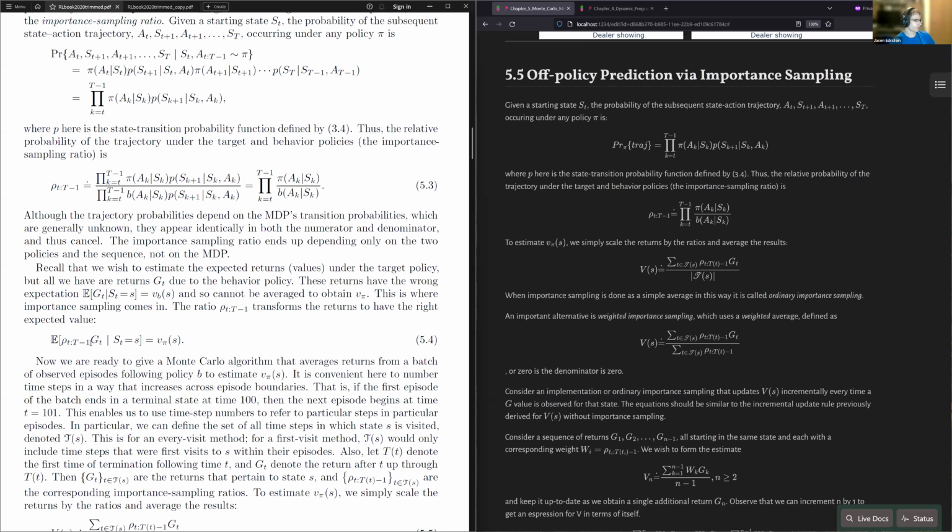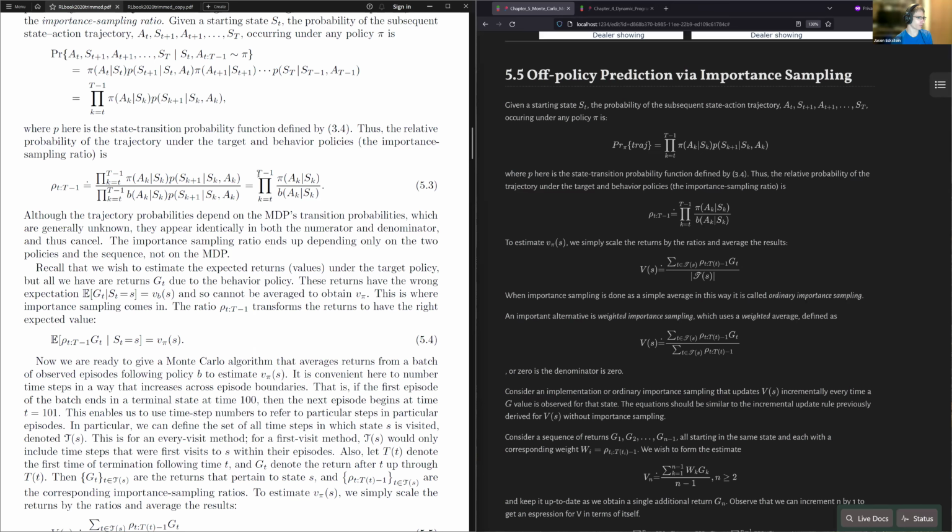These end up correcting the fact that the returns we observe don't actually match what we would see under the target policy. This importance sampling ratio is just the probability of the trajectory happening under the target policy divided by the probability under the behavior policy.